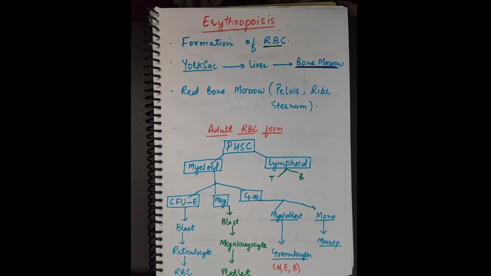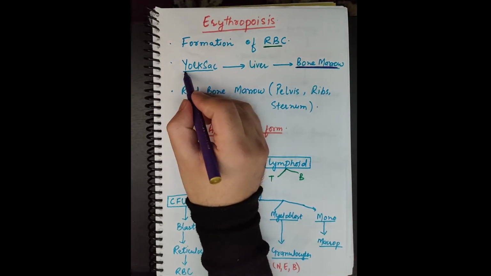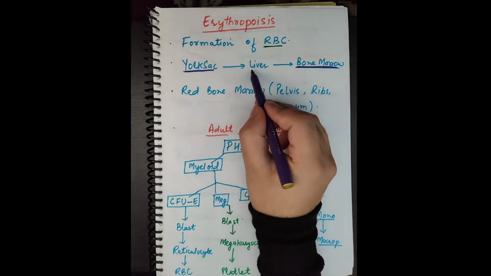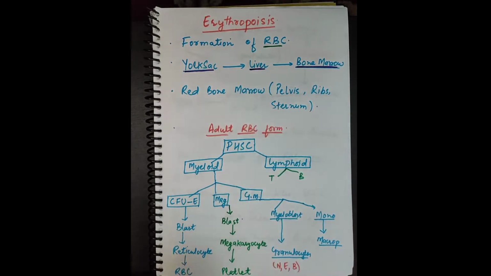But when a baby is formed, RBCs are formed in some other organs because bone marrow is not formed. When bone marrow is not formed in fetal life, first the RBCs are formed in the yolk sac. And when the liver is formed, then RBCs are formed in the liver.